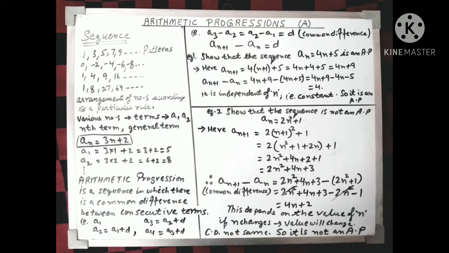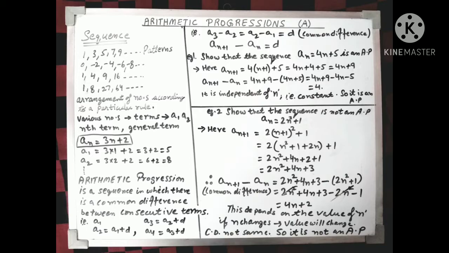Now let us see what an arithmetic progression is. Just like a sequence, an arithmetic progression is also a sequence in which there is a common difference between consecutive terms. The first term will be a1, for example.